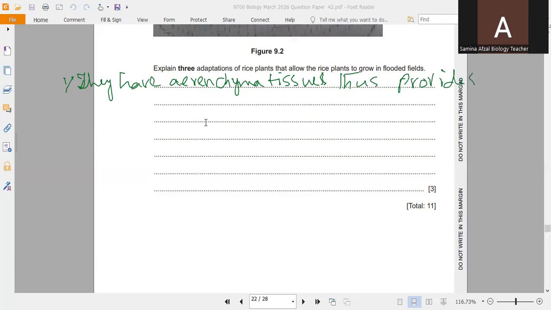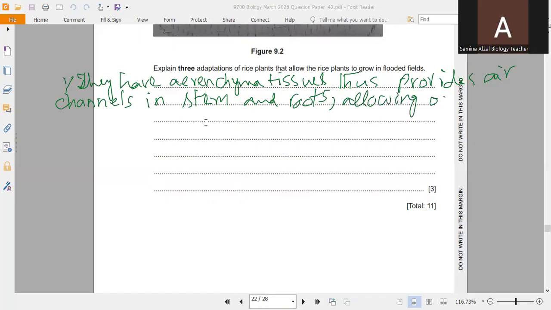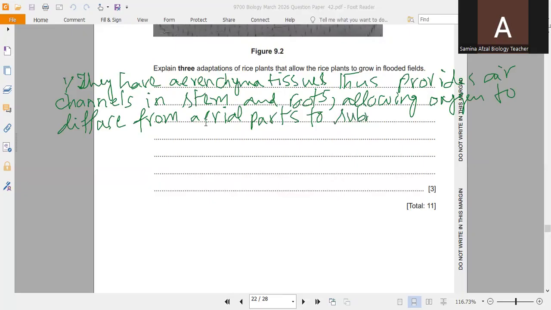This provides air channels in stems and roots, allowing oxygen to diffuse from aerial parts to submerged roots.